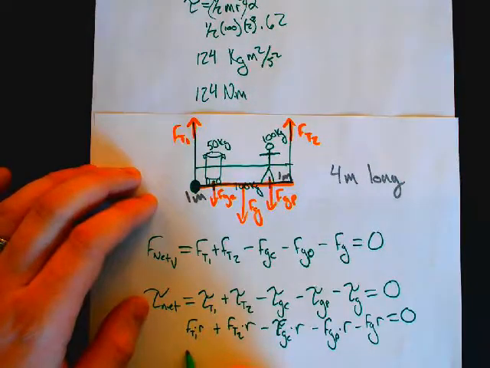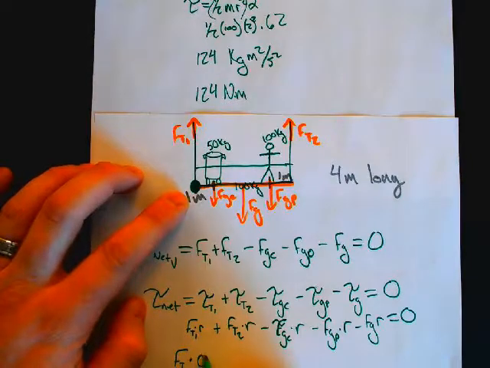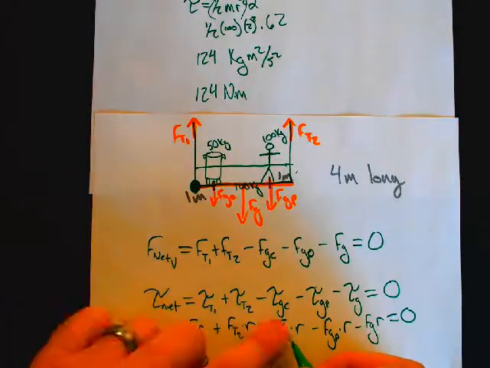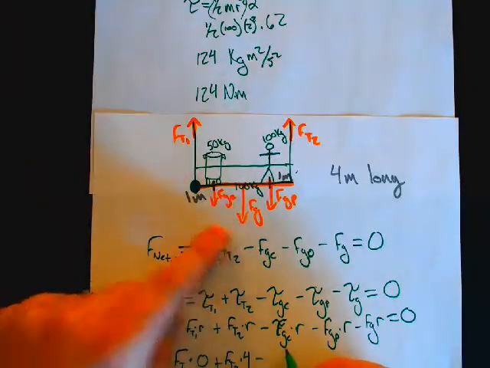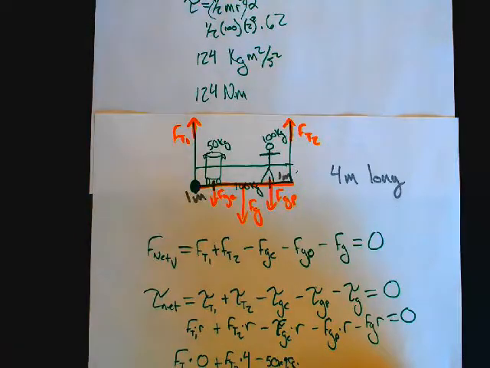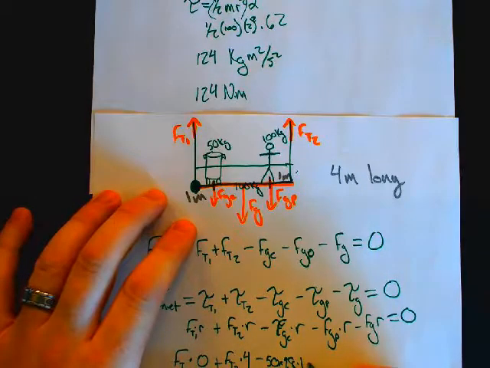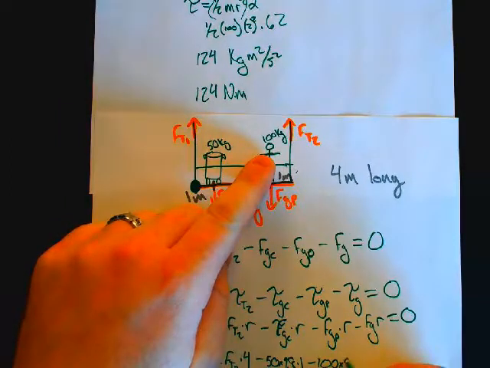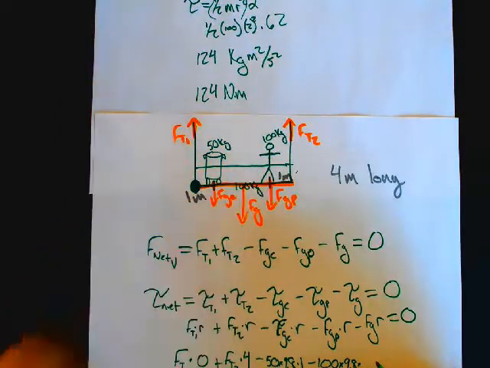So now I have force tension 1 times what radius? Plus force tension 2 times what radius? Minus force gravity of the can, so 50 times 9.8 times what radius? 1. Minus force gravity of the person, so 100 times 9.8 times what radius? 3.